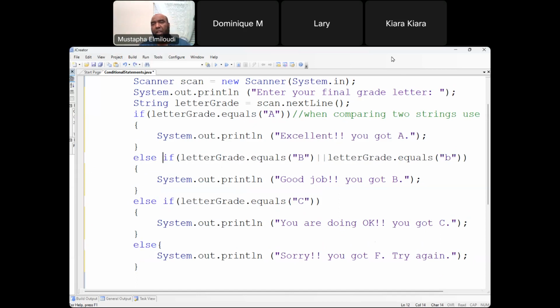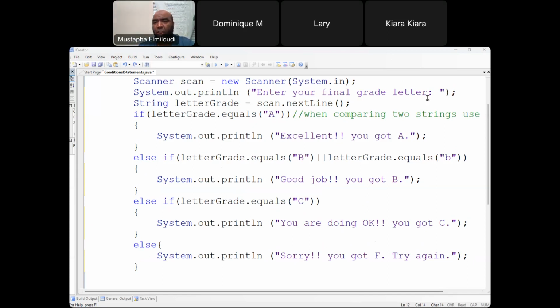Now, I can use another example, the same thing, to show you when do we use this kind. Let's say we have different activities depending on which grade level or what level of students you are. If you are freshman, then there is something for you. If you are sophomore, then you have another activity.